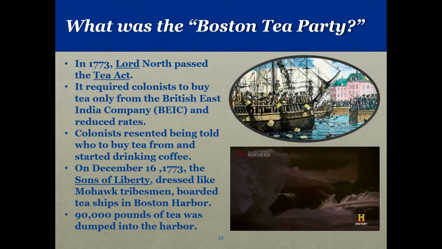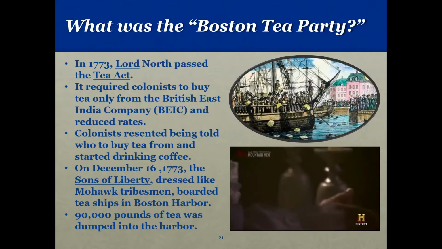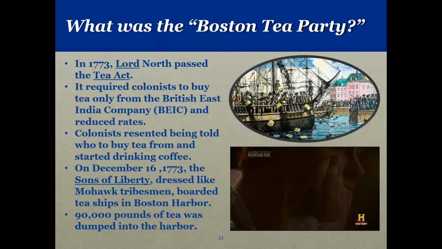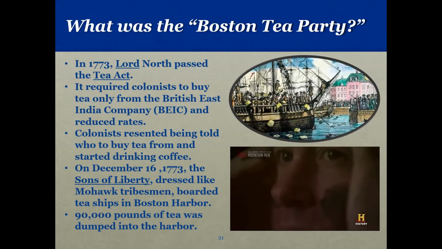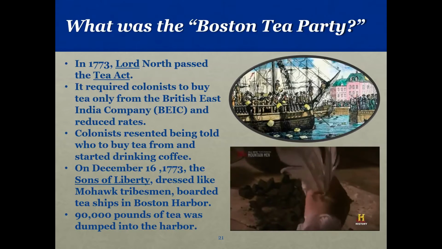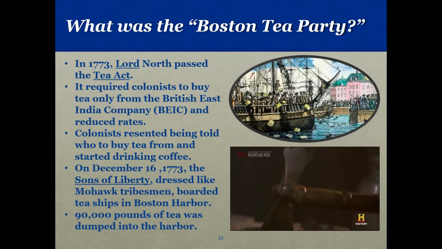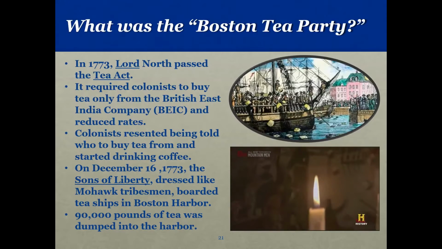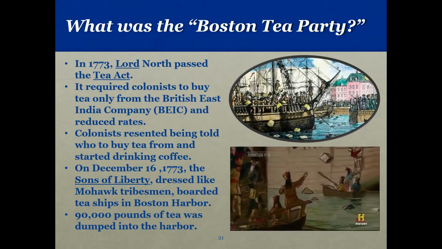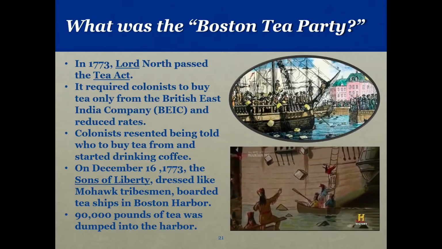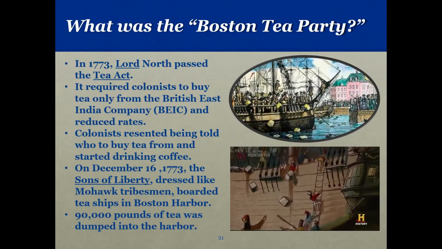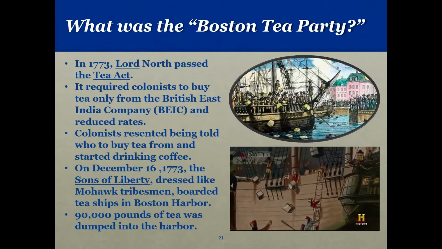Feathers and coal dust are their weapons. On December 16th, 1773, the Sons of Liberty enlist 50 men to darken their faces, stick feathers in their hair, and arm themselves with hatchets in a bad impersonation of Mohawk Indians. 5,000 people follow them down to Boston Harbor and watch as they climb aboard a merchant ship loaded with tea from England.